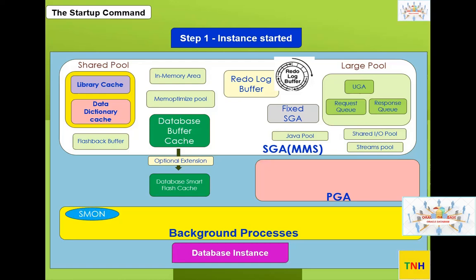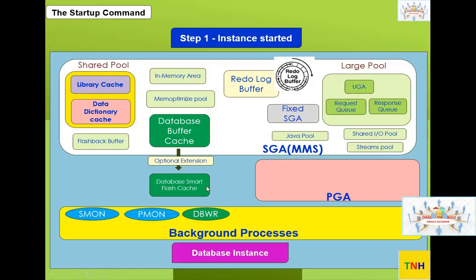Then come the background processes. You can see the first background process, SMON, system monitor, and you are going to have process monitor. These are compulsory background processes. It is a must to have these in order for the instance to be up and running.